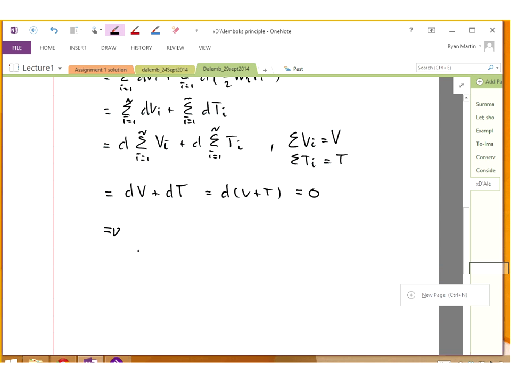And if you wanted to write it as an integral, that, which is V plus T, is a constant. Let's call that constant E.